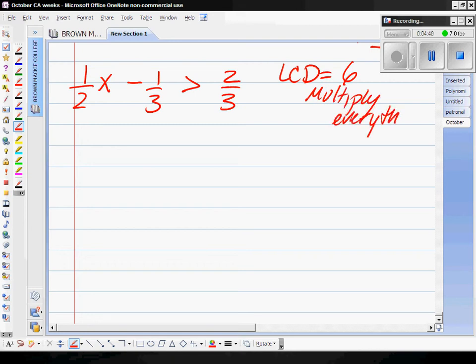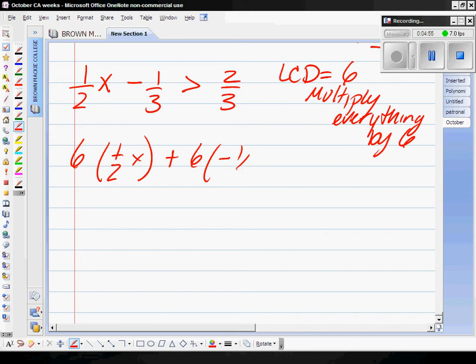everything by 6. Why? Because we want to get rid of fractions. I hate fractions just as much as you do. So 6 times 1/2 x plus 6 times negative 1/3, which is greater than 6 times 2/3.